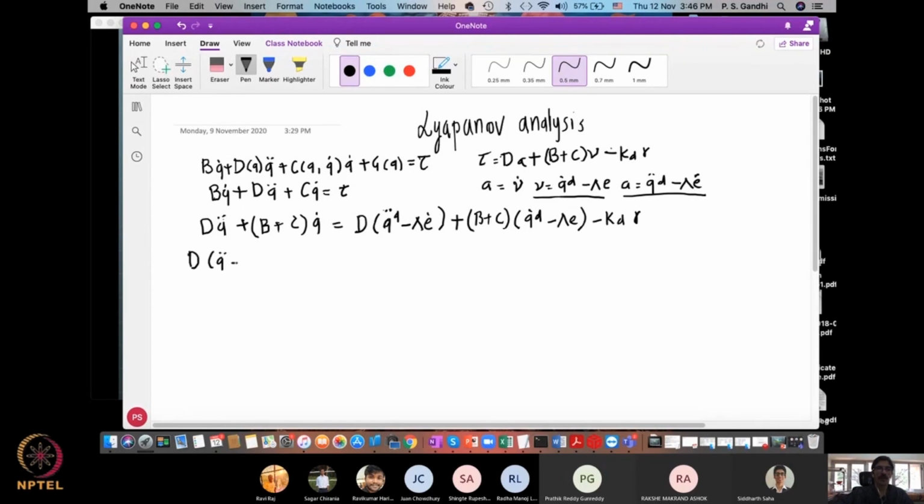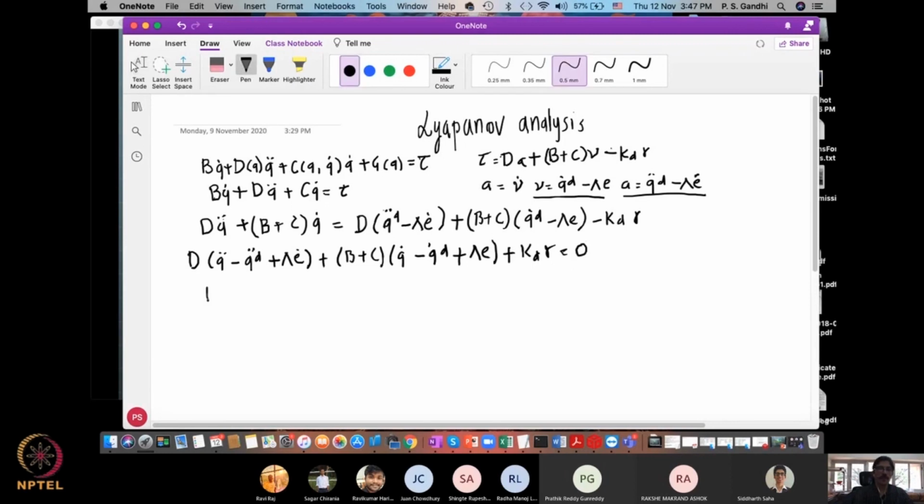If I bring these terms to the other side, this becomes d times q double dot minus qd double dot plus lambda e dot. Then b plus c I can take out, times q dot minus qd dot plus lambda e, and then plus kd times r is equal to 0.